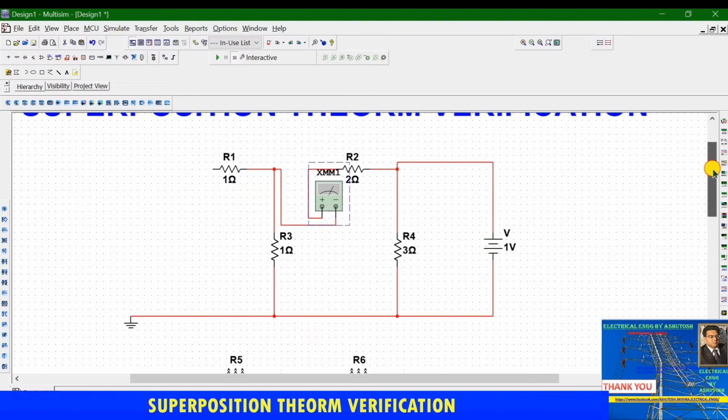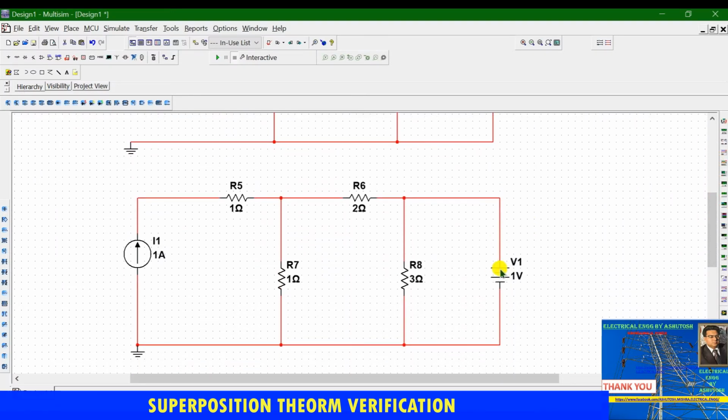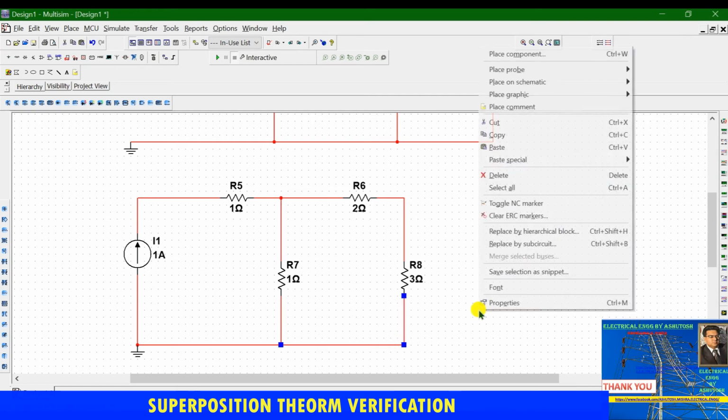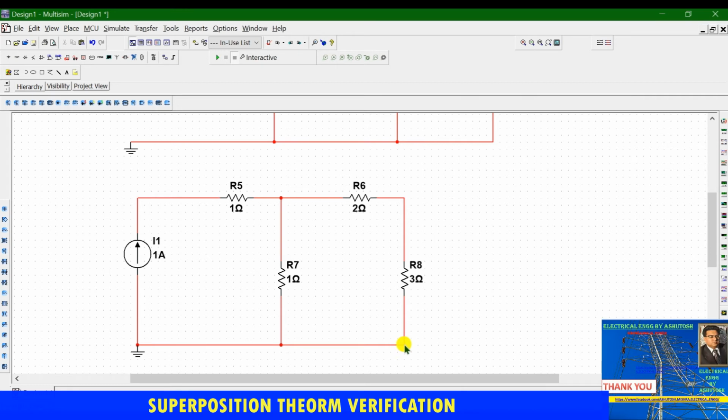Okay, now in the second circuit, what we have to do? We have to delete this, just delete this and replace it, and also delete this and join these resistances.